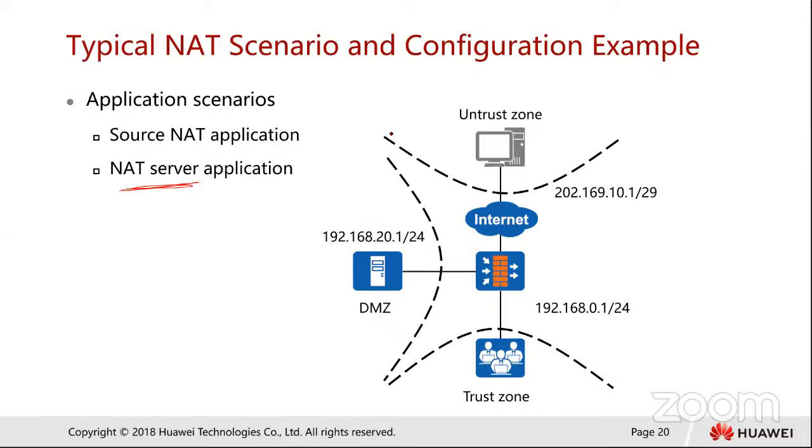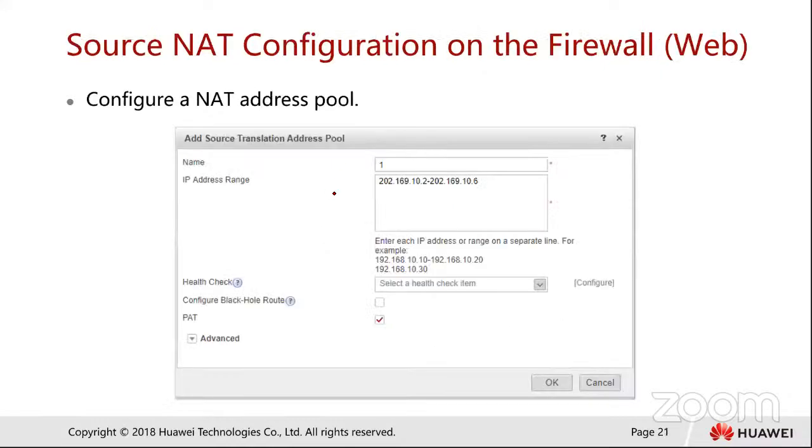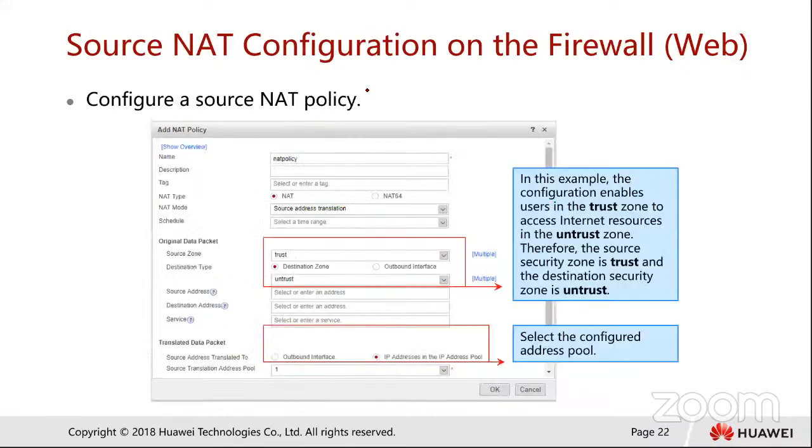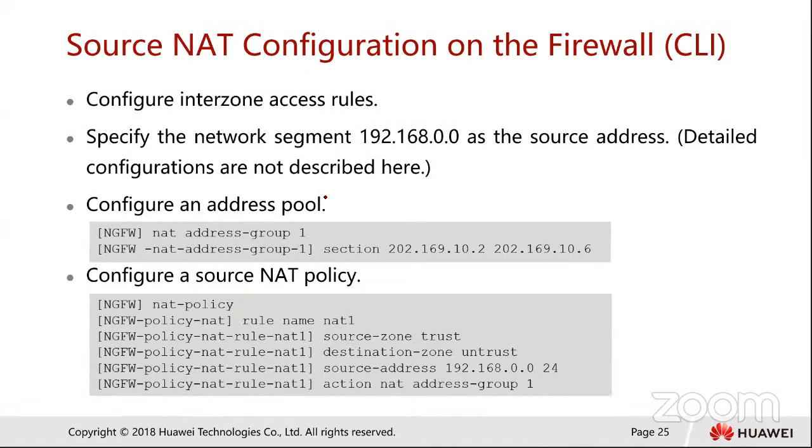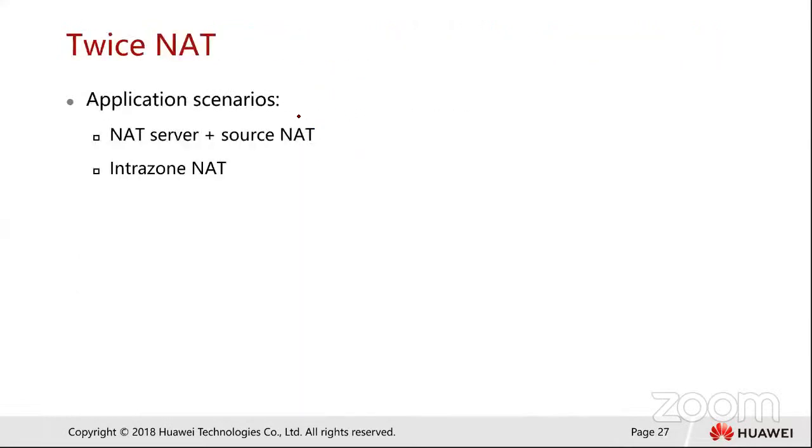Source NAT, you can use it in your local area network so that people can translate and be able to access the internet. How to configure the source NAT on the firewall, we also look at that when you have set up the firewall. It will make a lot of sense and it will be easier than just looking at these things here that do not necessarily make sense. But basically, that's how we will be able to configure it.